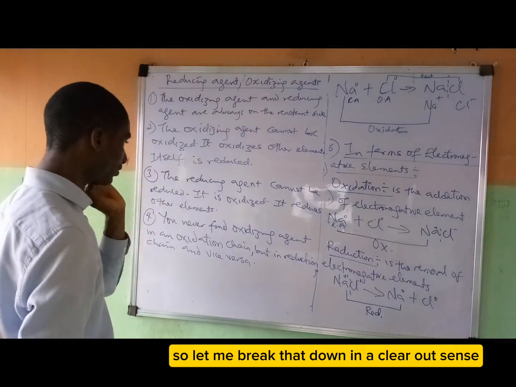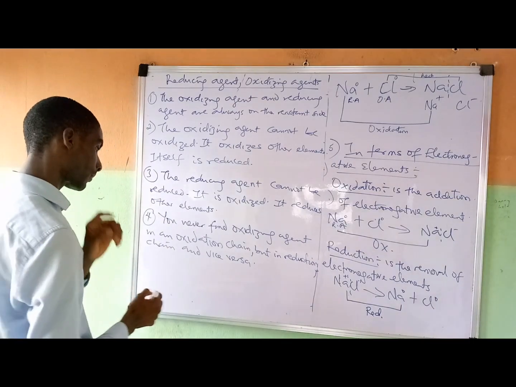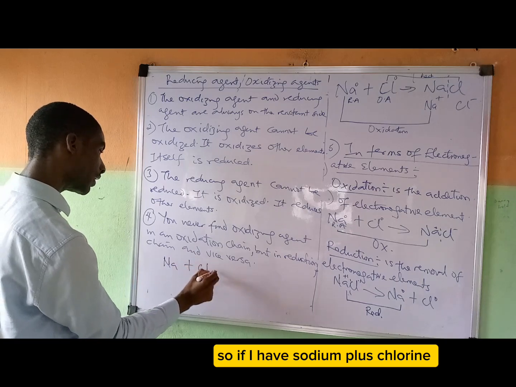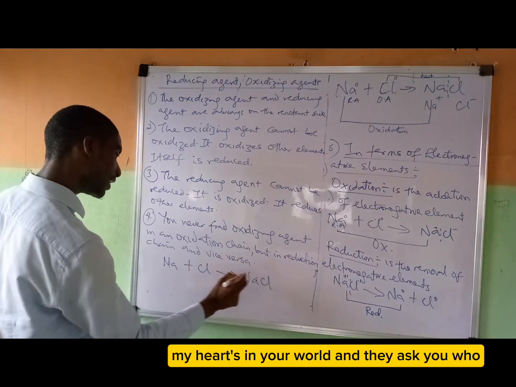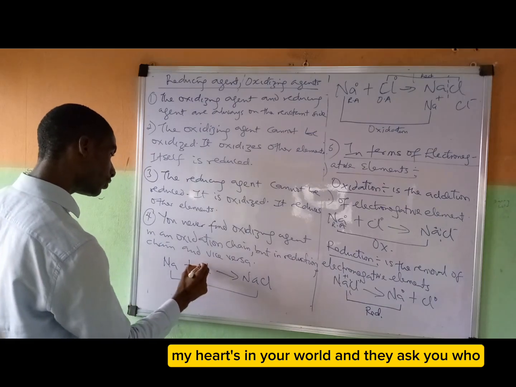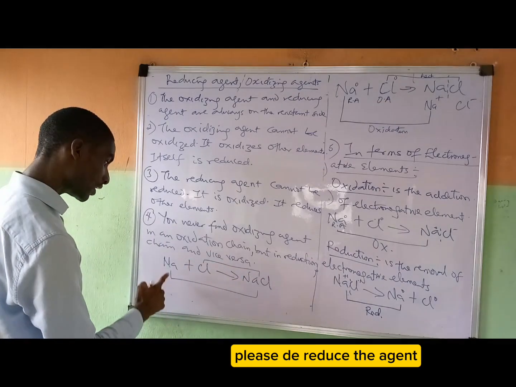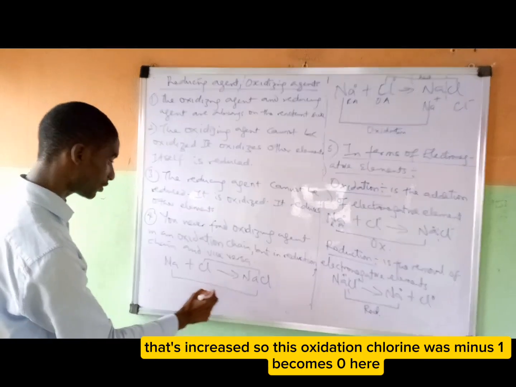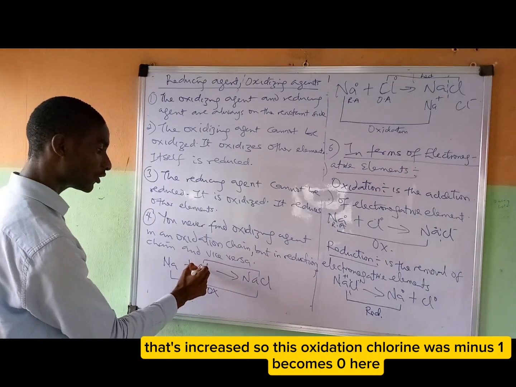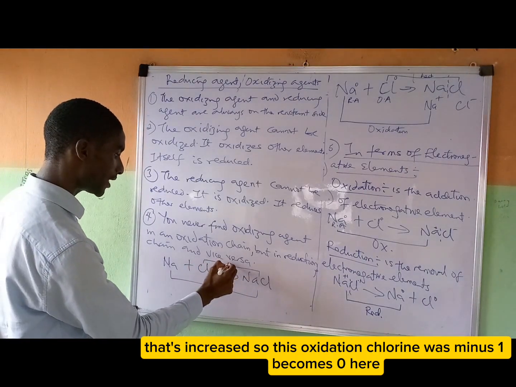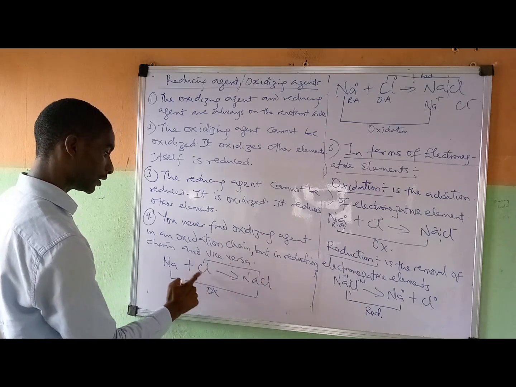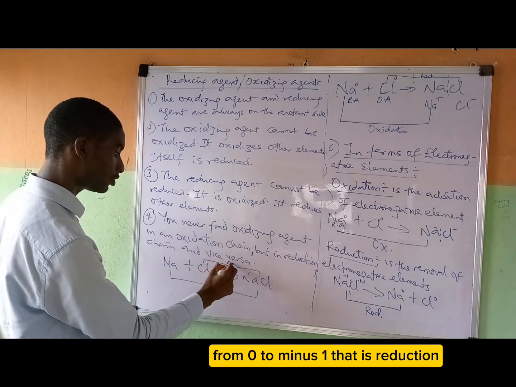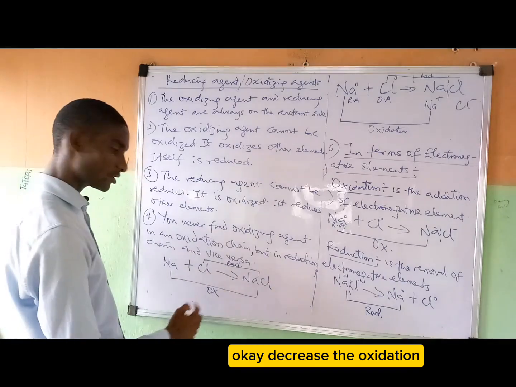So let me break that down in a clearer term for you. So if I have sodium plus chlorine to have sodium chloride, and they ask you, who is the oxidizing agent, who is the reducing agent? Oxidation number of sodium here was 0, becomes +1 here, that's increase. So this is oxidation. Chlorine was 0, becomes -1, that is reduction, decrease in oxidation number.